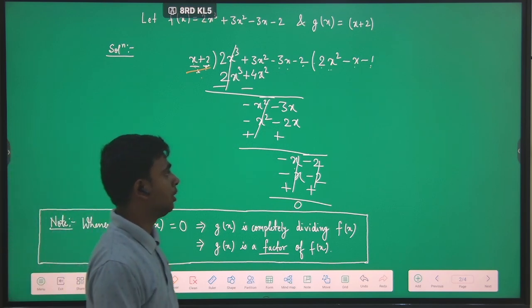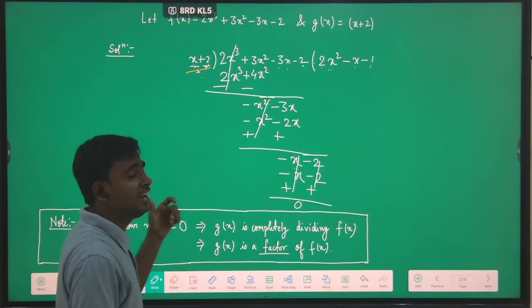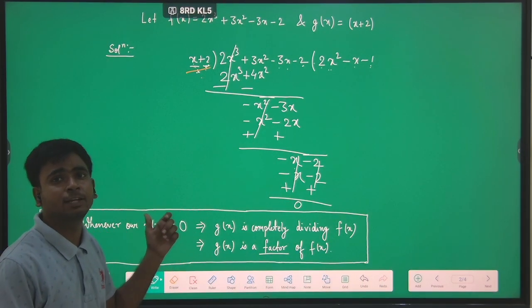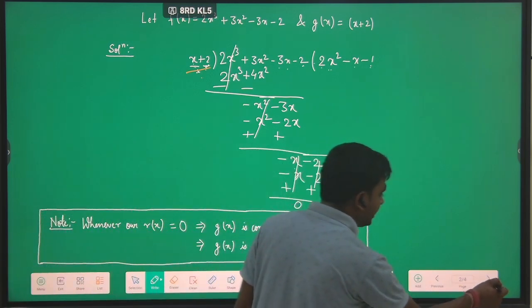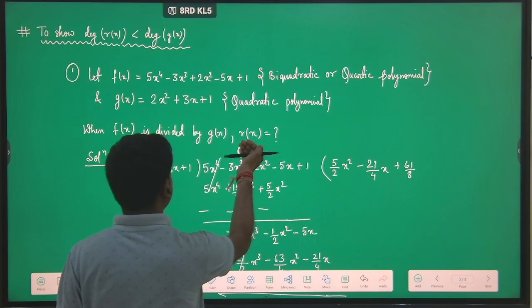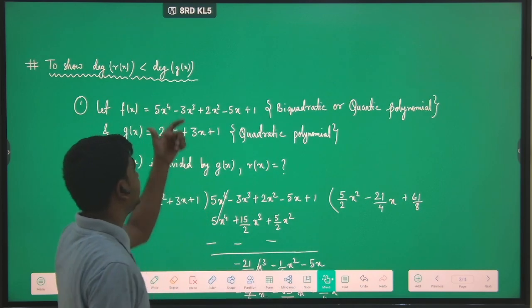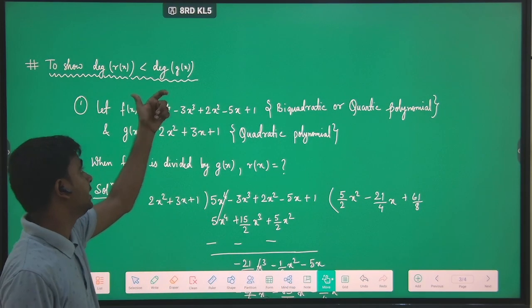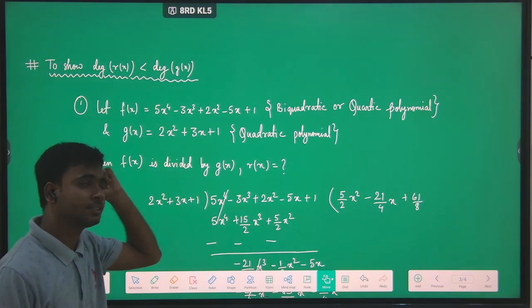Now, this was for the case when we are getting 0 as the remainder. But what about the degree part? We have said that the degree of Rx should always be less than the degree of Gx.